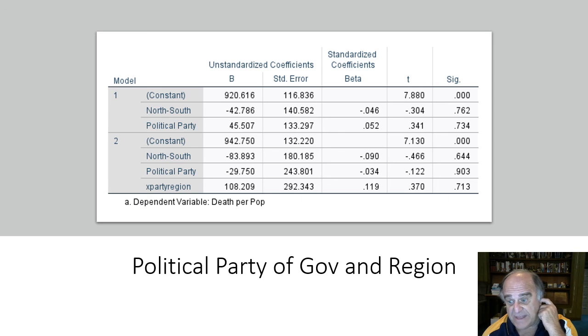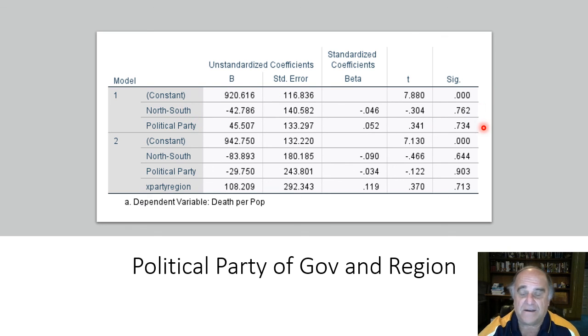So someone might think these two variables might interact, or might be interested in looking at whether they predict COVID deaths. Again, the dependent variable here is deaths per million, or deaths in the population per million, adjusted for the state population, of course. This analysis is being done at the state level. We put in the constant, we put in north-south, we put in political party.